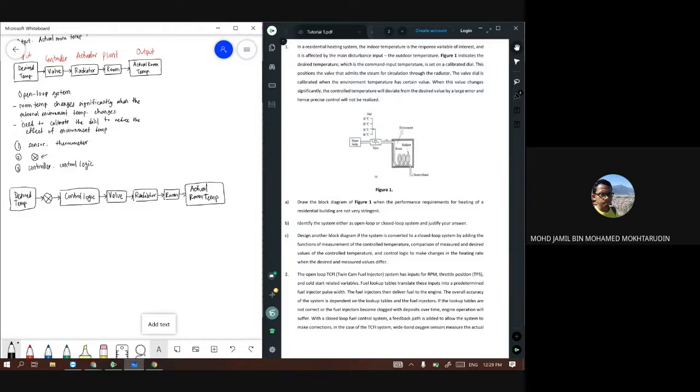Then we need to add the thermometer at the feedback loop, okay? And then this one will be connected to the circle with cross. Okay, so this is the answer for the block diagram of closed loop system.